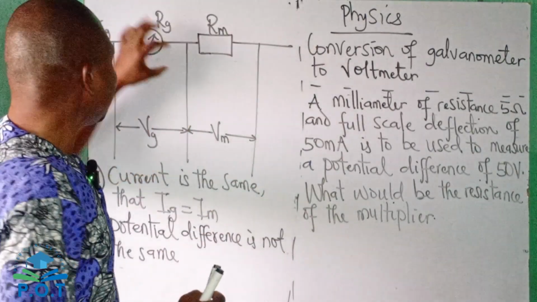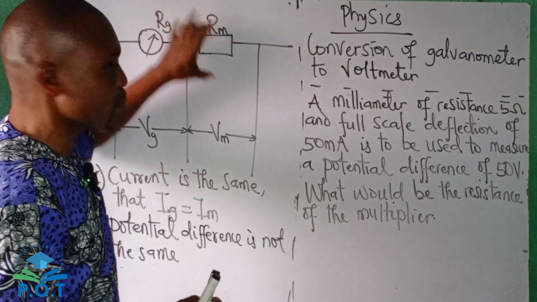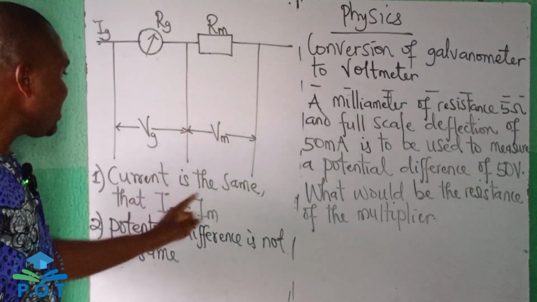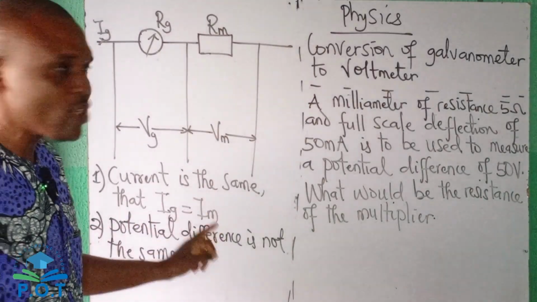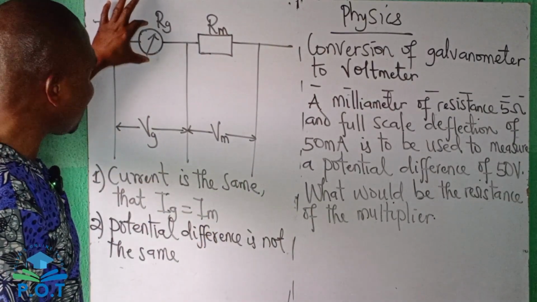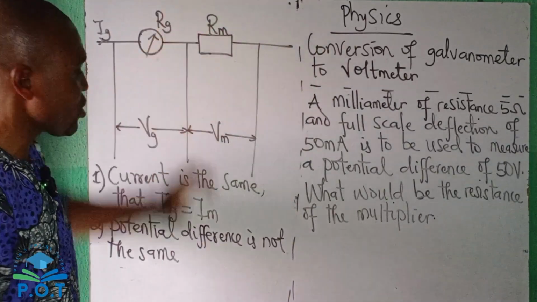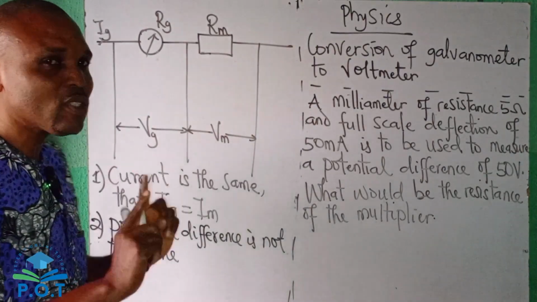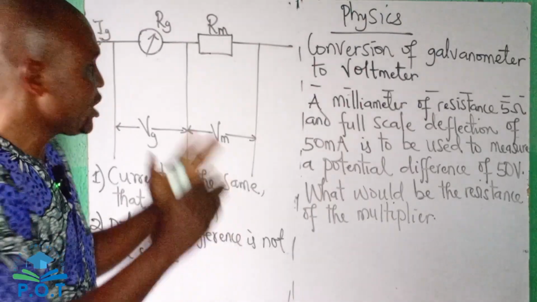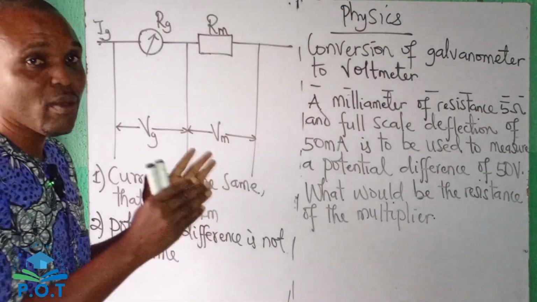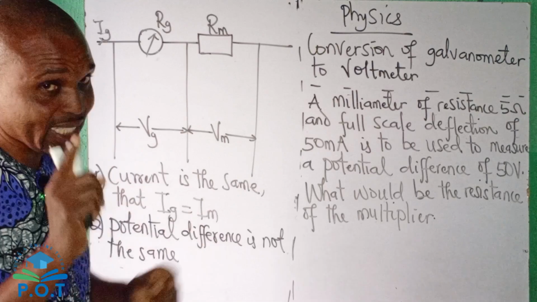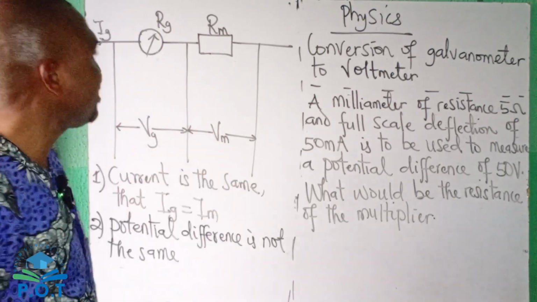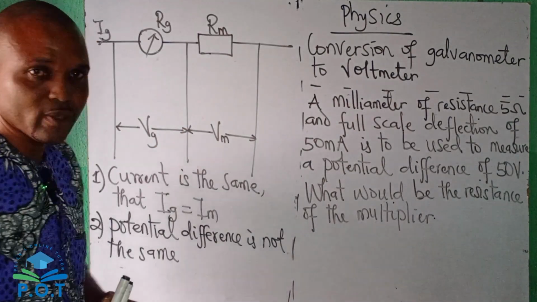Since they are connected in series, the current is the same across the galvanometer and the multiplier. The potential difference is not the same, but they have the same current. And take note, the resistance of the multiplier is high. Now, let us go on to solve this question.